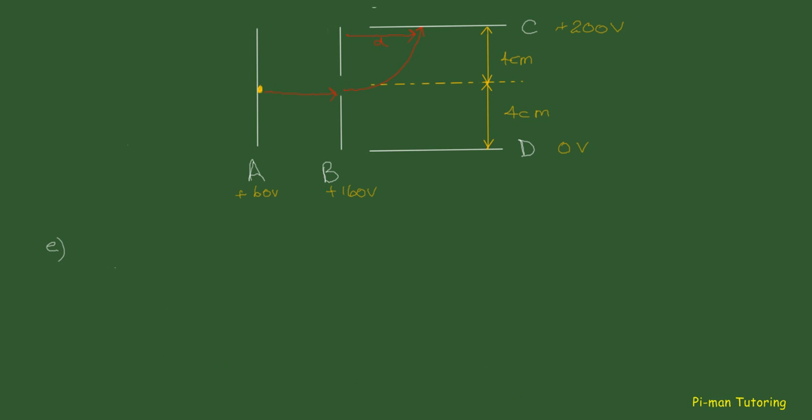Part E wants us to find the distance that the electron travels after passing through plate B and before striking plate C. So we can find that distance by taking the horizontal velocity, which we calculated to be 5.93 times 10 to the 6, and multiplying by the time that we calculated in part D, which was 1.35 times 10 to the minus 8 seconds.